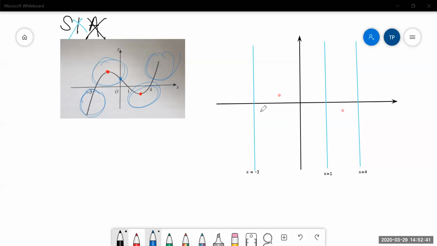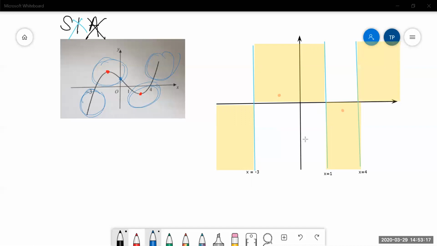Okay? So next one, position. Okay, we talk about position. So we are going to have our graph somewhere here, here, here, and here.